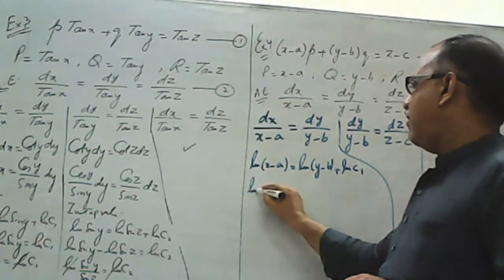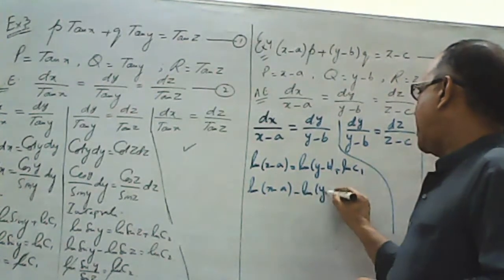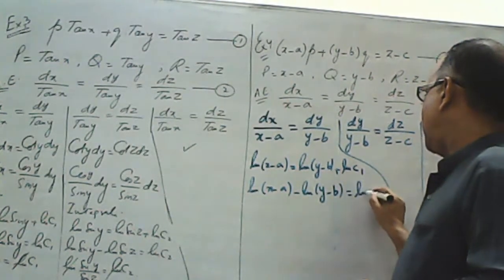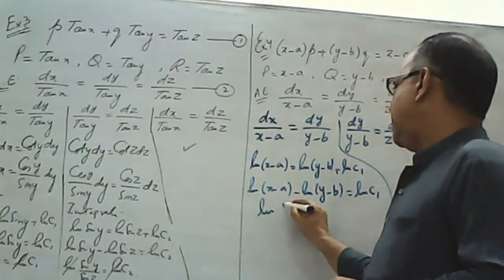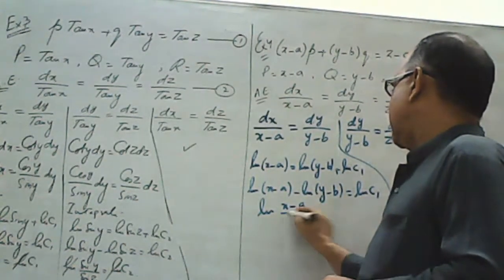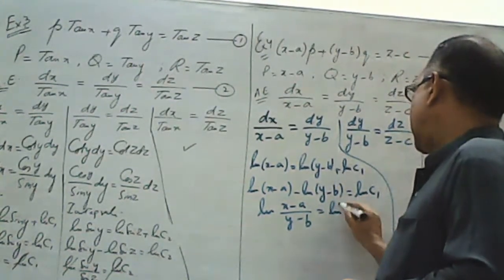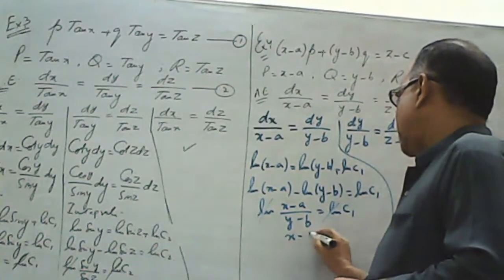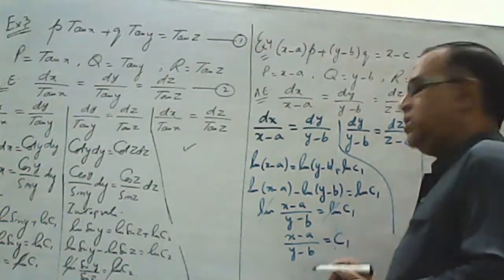Or log of x minus a minus log of y minus b is equal to log of c1. And then similarly using the property, cancelling log with log, x minus a over y minus b is equal to c1.